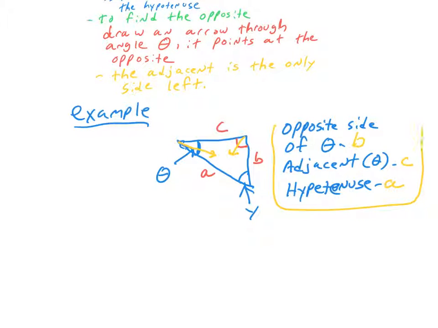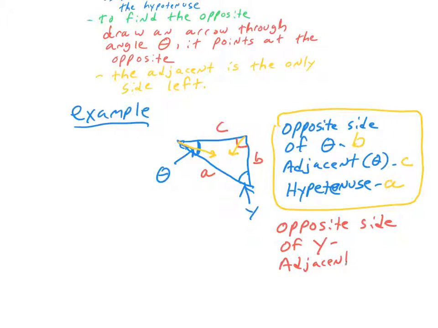Okay, so what if instead of the opposite side of theta, we wanted the opposite side of Y? So we're going to do the opposite side of Y, the adjacent side of Y, and then the hypotenuse.